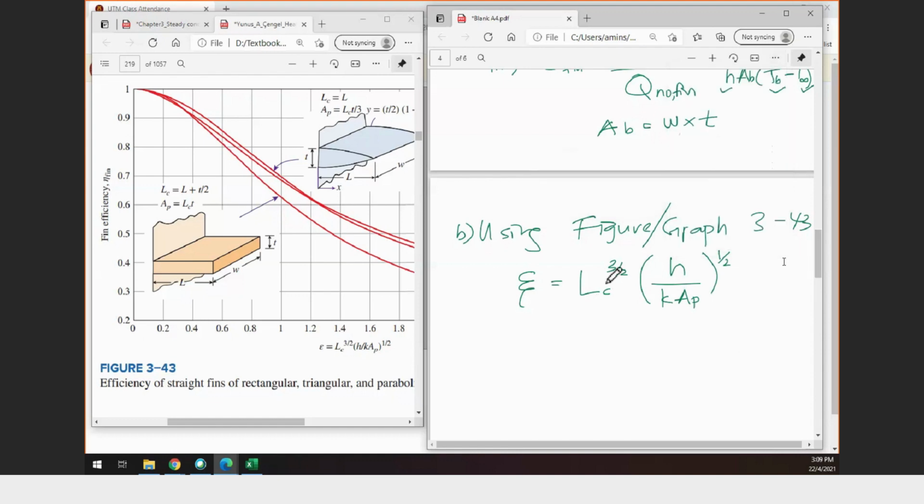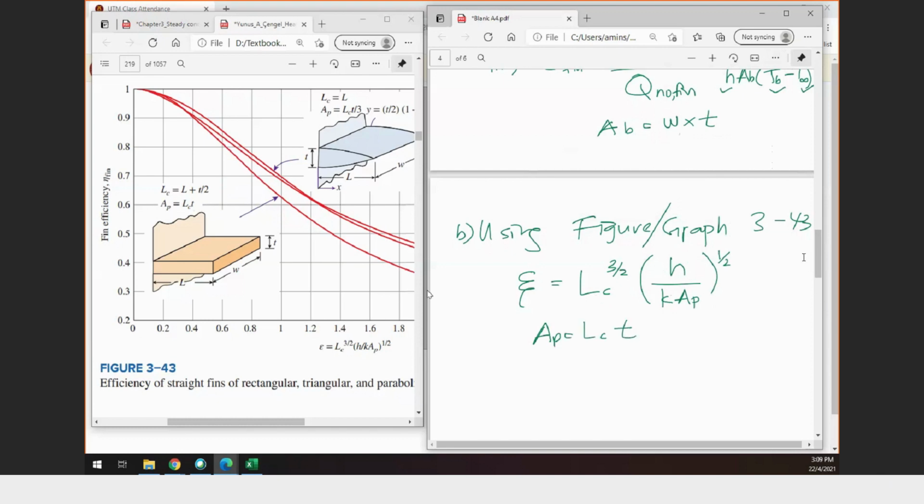Okay. So you have this Lc from the original calculation, Lc corrected length. You have the h value, you have the k, you have the Ap. What is Ap in this case? The Ap is here, Lc times t. Okay, Ap equals Lc times t.